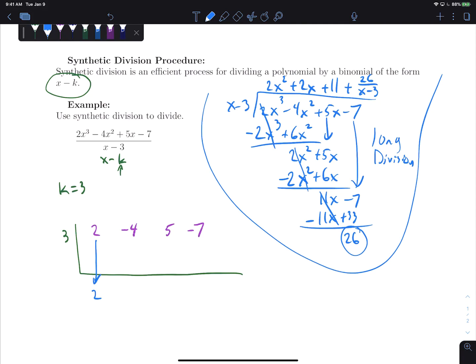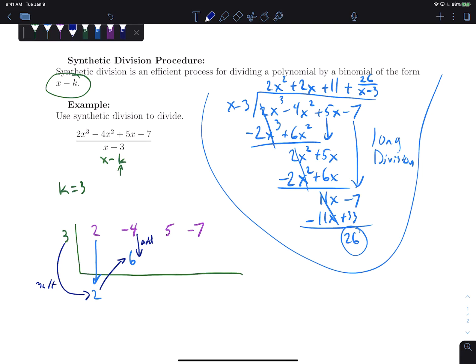Now here's what we're going to do. Anytime you see a number down here, we're going to take the number out here and multiply by that number there. So we're going to multiply 3 times 2. 3 times 2 gives us a new number that we're going to write here. And that number is going to be 6. Then we simply add.